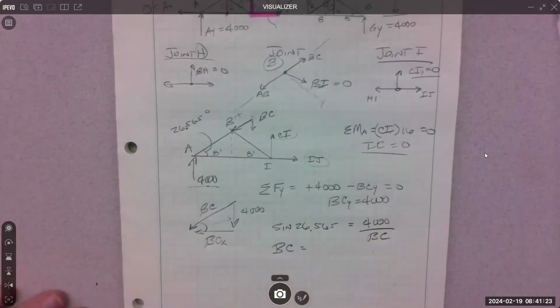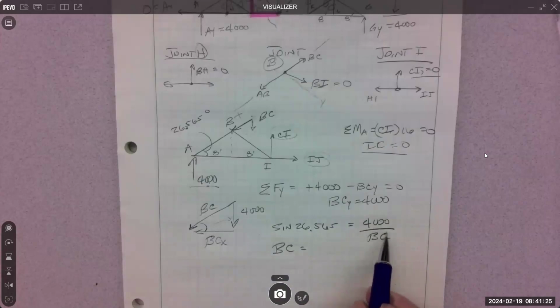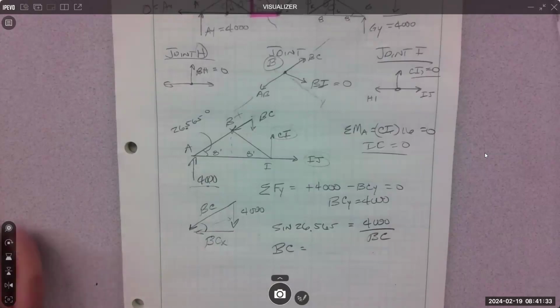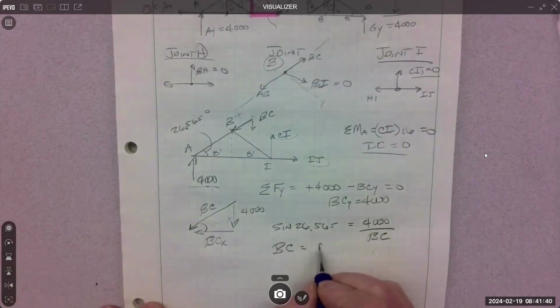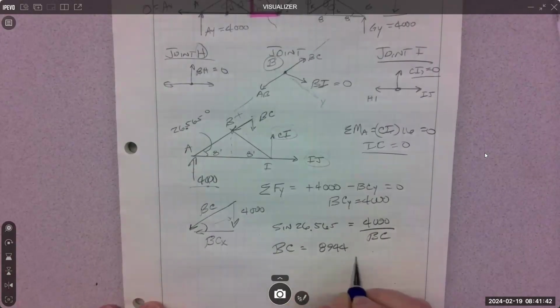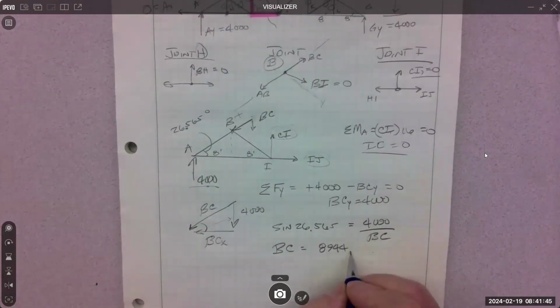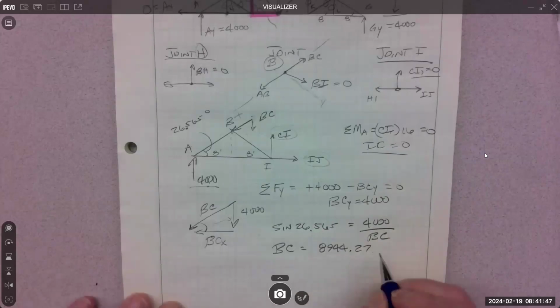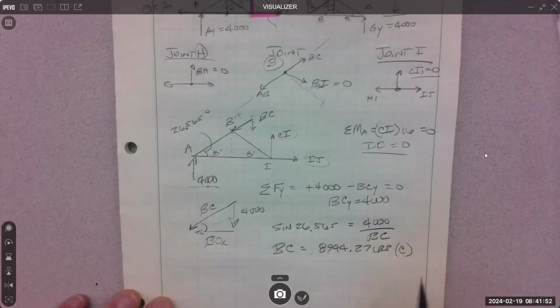BC equals, again, it's a division thing, 4,000 divided by the sine of 26.565. 8944.27. I think the book rounded off to 40. Yeah, it does some rounding, that's for sure. Pounds, and it points into the point, so it's compression. Love it.